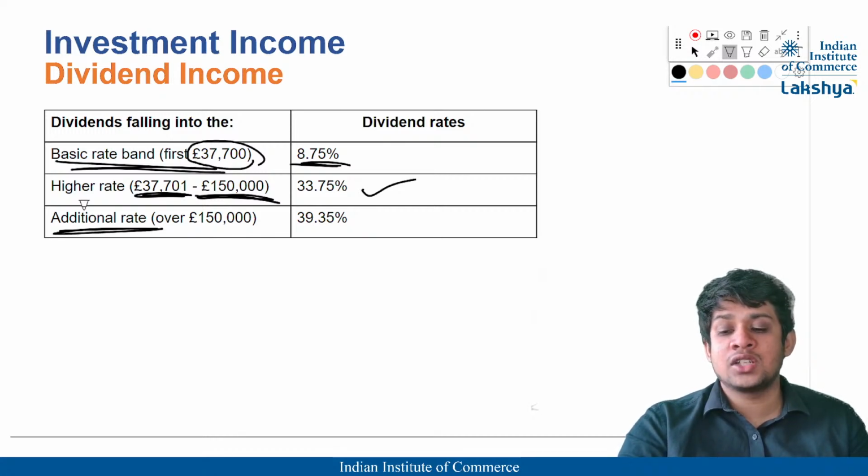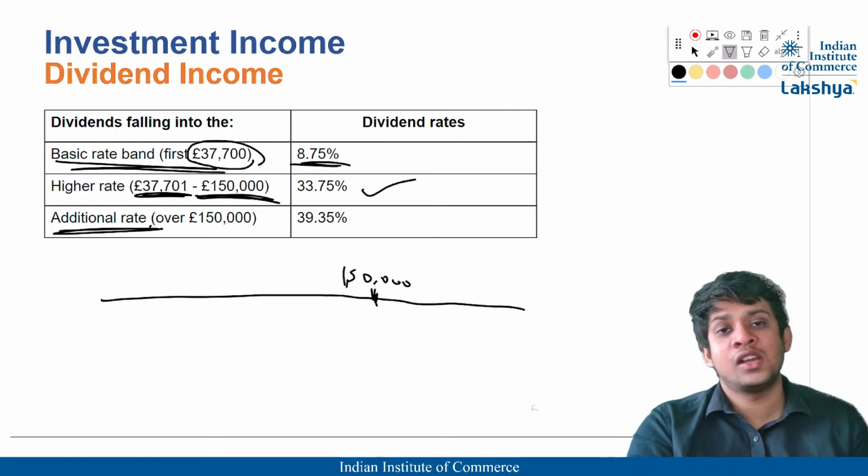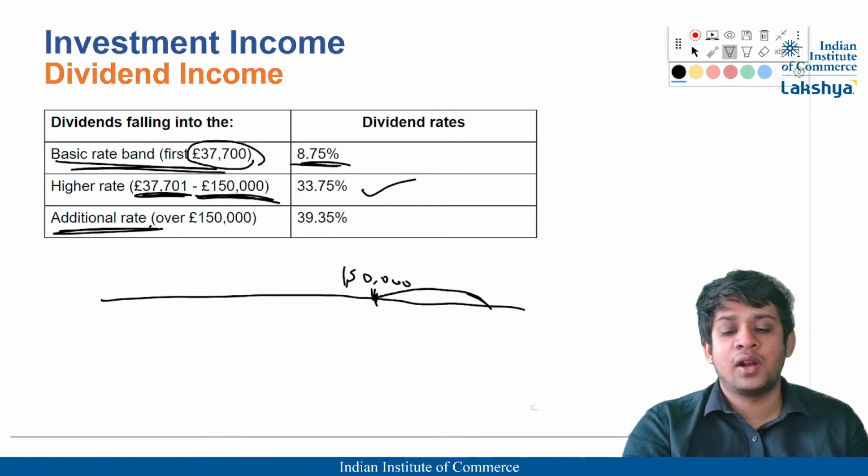And for an additional rate taxpayer, the dividend income starts from 1,50,000. Till 1,50,000 I have my non-savings and savings income only, so the dividend income will start only from the 1,50,000 amount. So on that, the maximum rate will be chargeable.